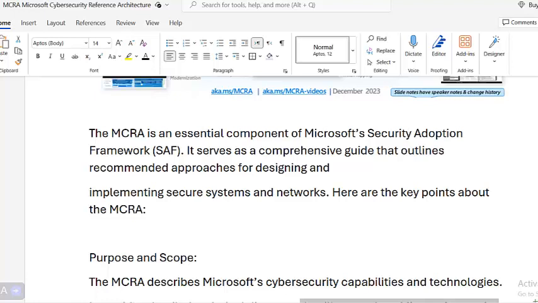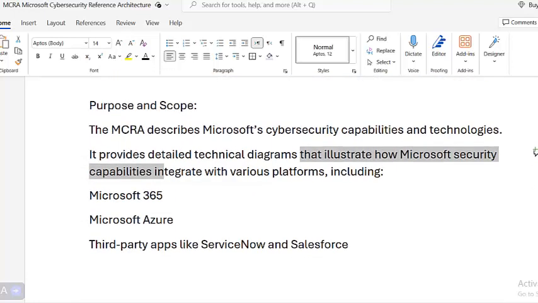Purpose and scope. The MCRA describes Microsoft's cybersecurity capabilities and technologies.